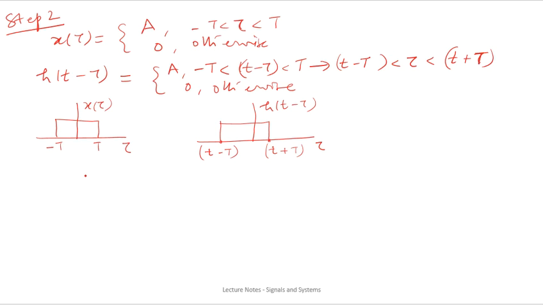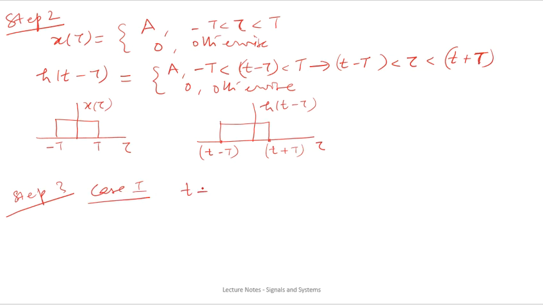Now in the third step, you have to perform the integrations to find y(t) for all the values of t. Again there can be different cases depending on the value of t.